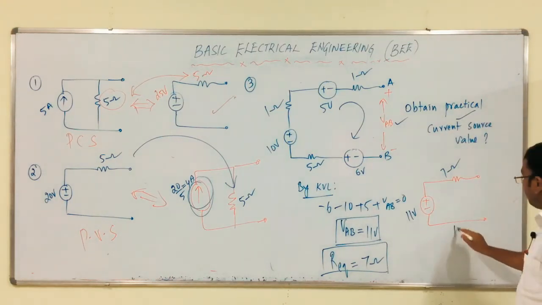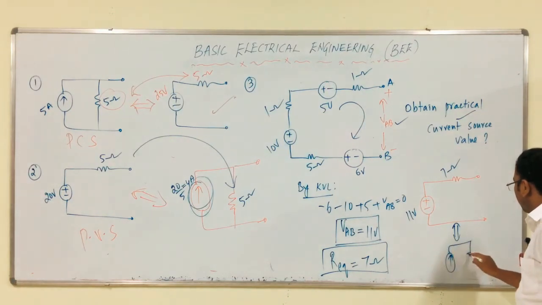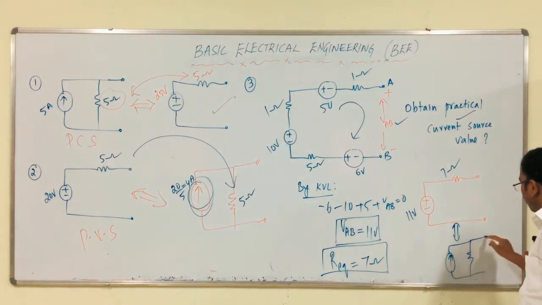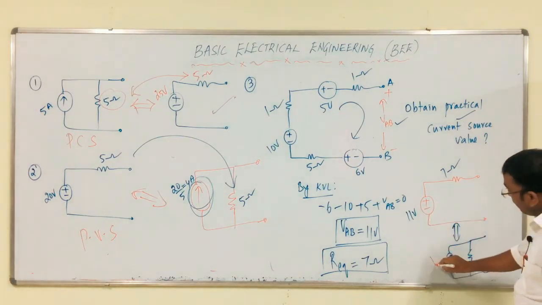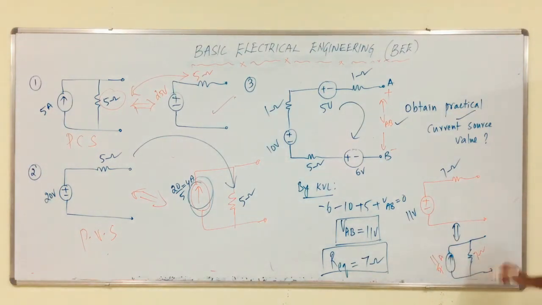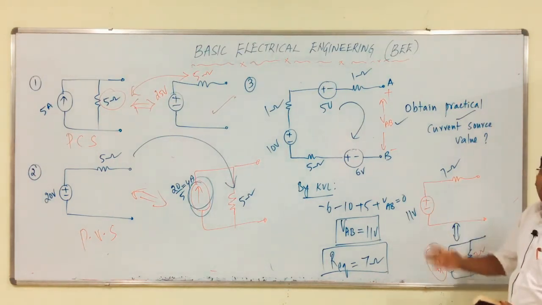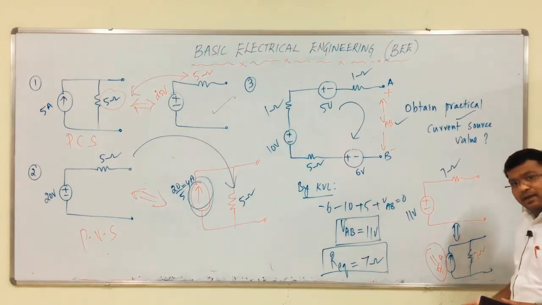So, from this we have to get a current source in parallel with 7 ohms, where the current is V by R, 11 by 7 amps. The answer is 11 by 7 amps for this problem. So, like this we have to get the practical voltage source and practical current source.